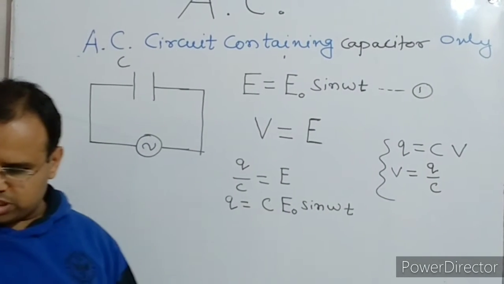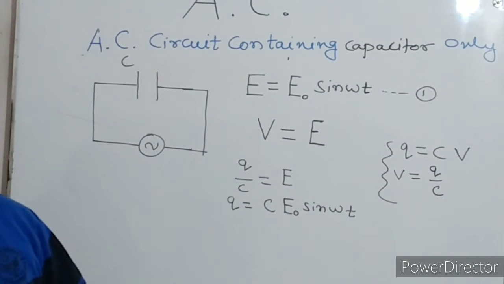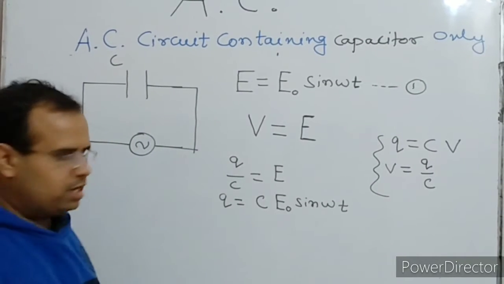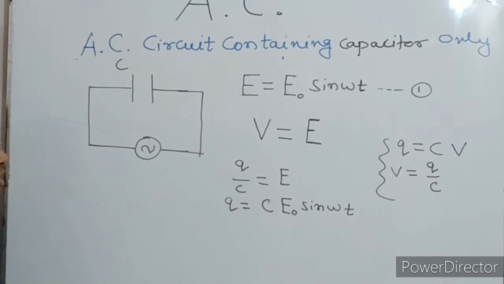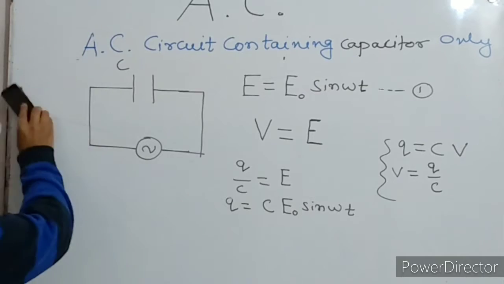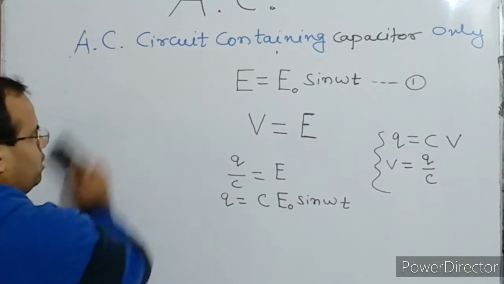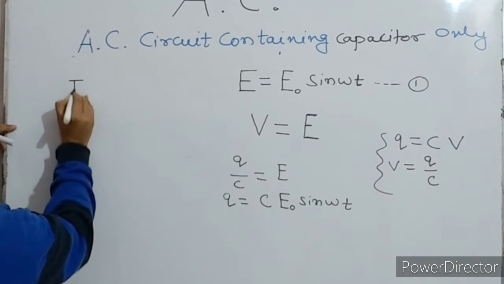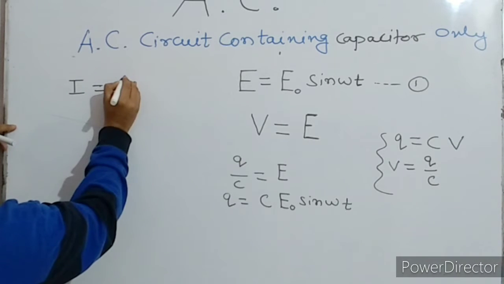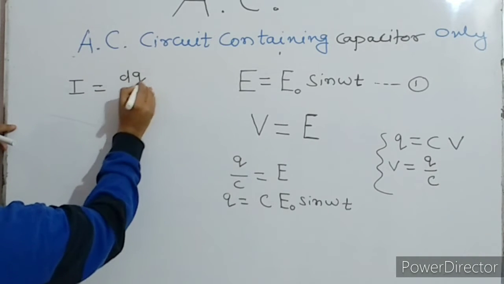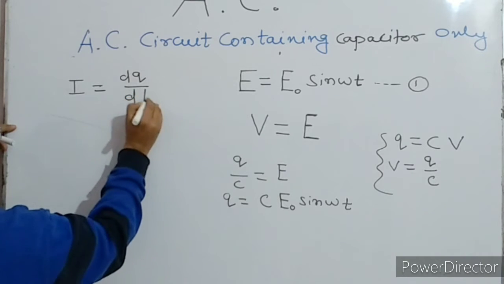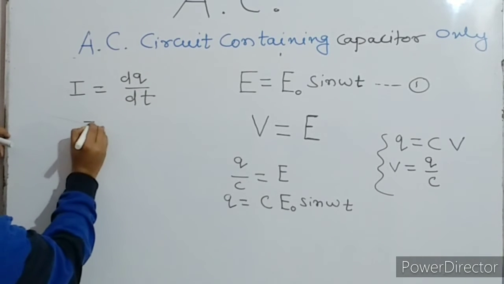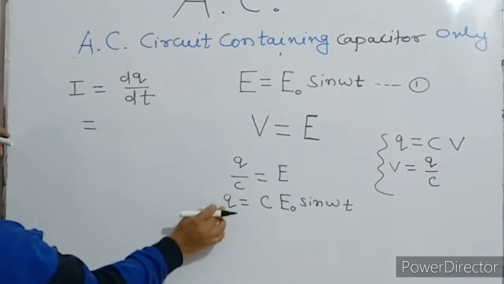If we have the expression for charge, we can find the current very easily. Current is equal to the rate of flow of charge, so we can write it as dq by dt.